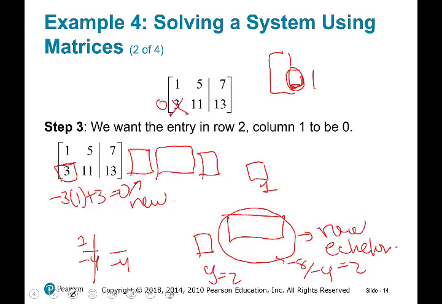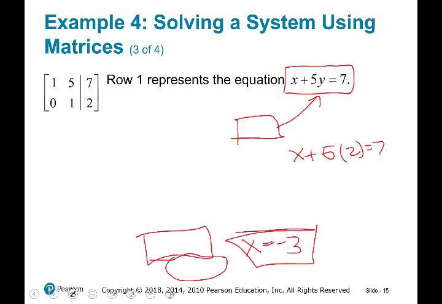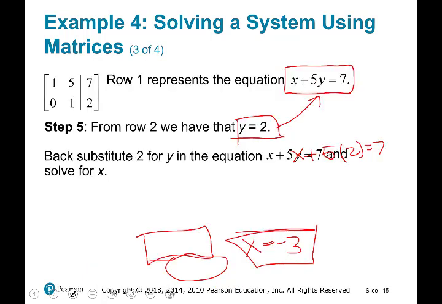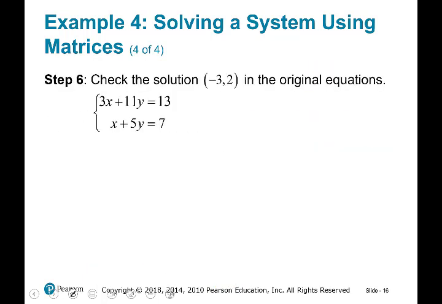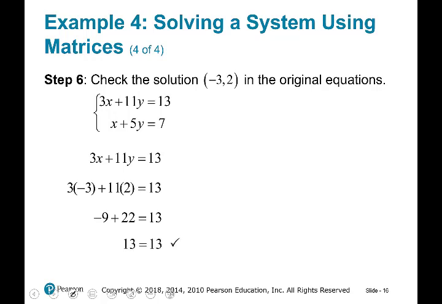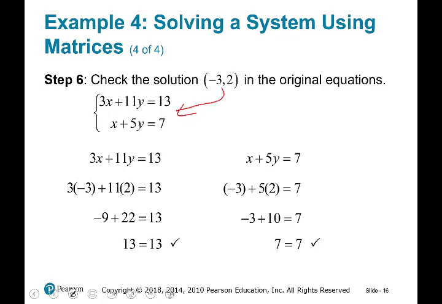So you can pause the video at any time. So here we are just checking the answer. This is the check for the first equation. This is the check for the second equation. I plug in the values minus 3 and 2 in the original equations.